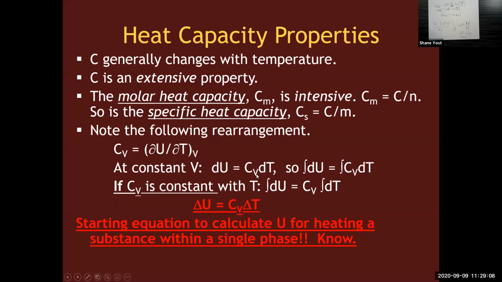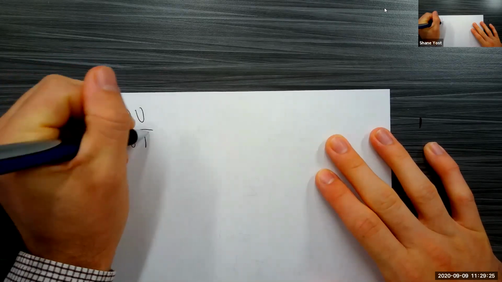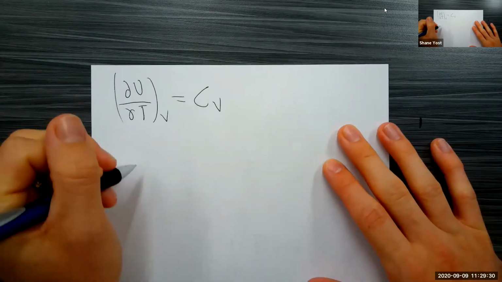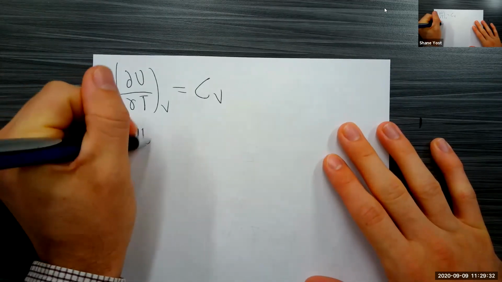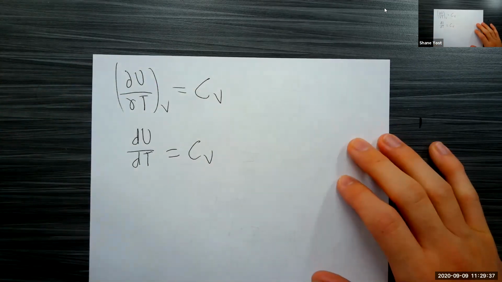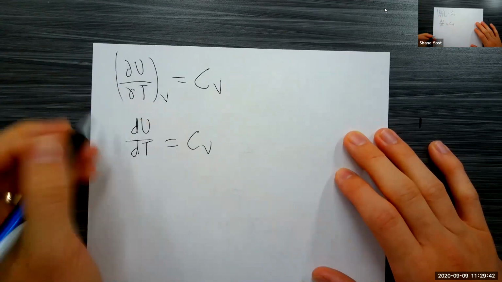In this class, we often just write that with d's. Let me do it in more detail here. Del U, del T at constant volume equals C_V. For the sake of this class, we're just thinking dU/dT equals C_V. Who cares about these partial derivatives? It's the same thing as far as we're concerned.